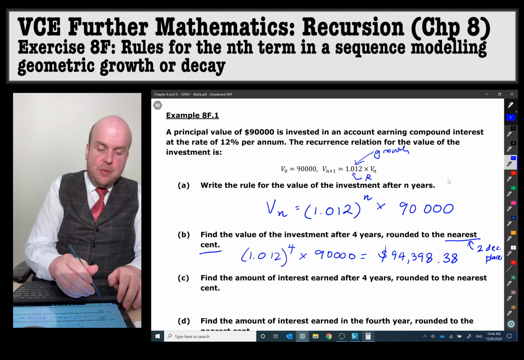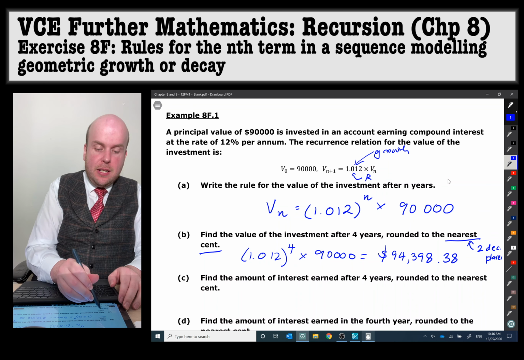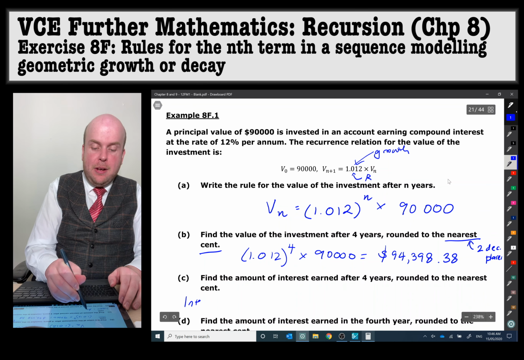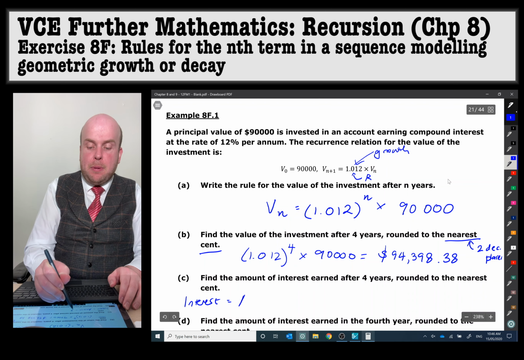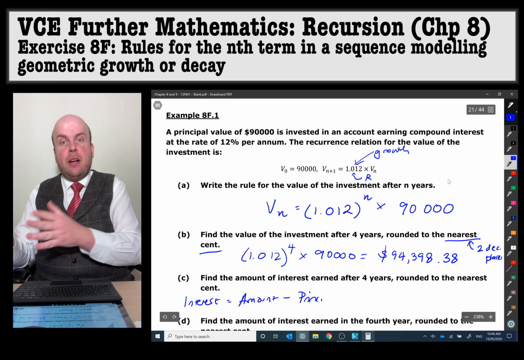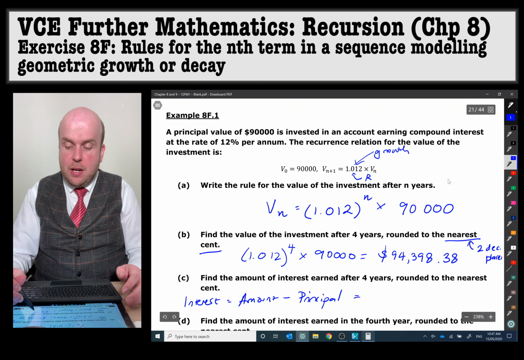Well, to find the interest, so interest is the total amount minus the principal. Because it's what I've got now, take away what I initially had. So this will be 94,398.38. Take away 90,000. And this will get us our initial number.